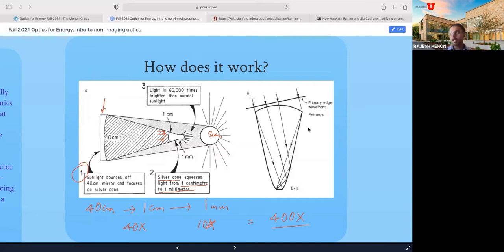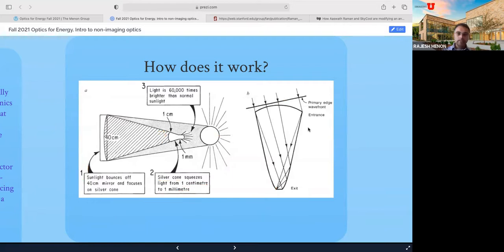There are of course some losses there, so it's not exactly the same. On the right-hand side, you see just a detail of the CPC-like device. It's not exactly a CPC because it's 3 dimensions, so they optimized it using some computer software. Here is showing an edge wavefront coming in and getting focused to one edge, just like the edge ray principle as we showed before.